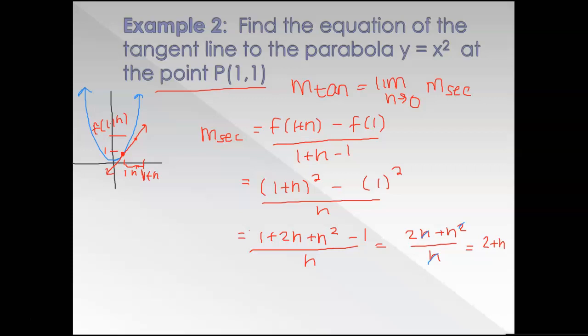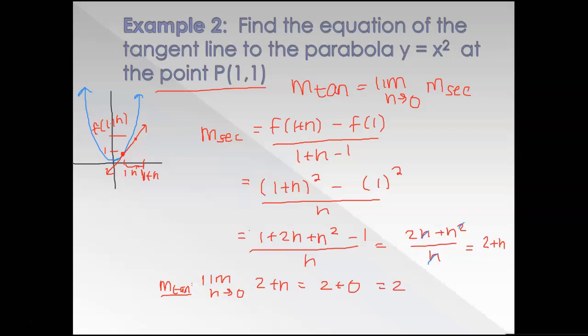which means that the slope of the tangent is equal to the limit as h approaches 0 of 2 plus h, which is 2 plus 0, which is 2. So now I have a slope and a point.